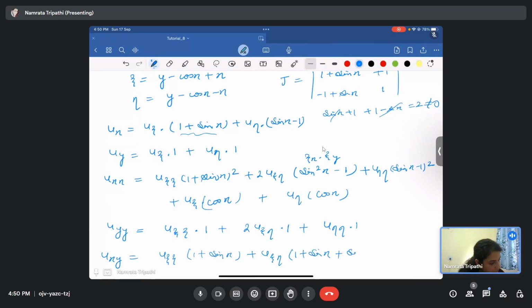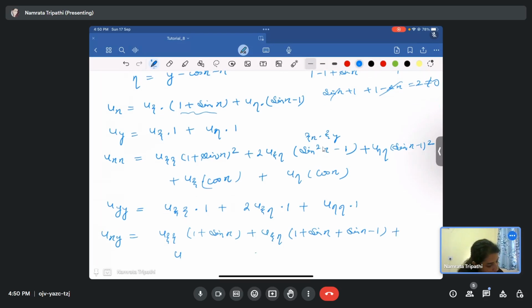Eta x is 1, then you will get xi y plus u eta eta into eta x, eta y, 1 plus sin x, eta y is 1. Other terms will become 0.